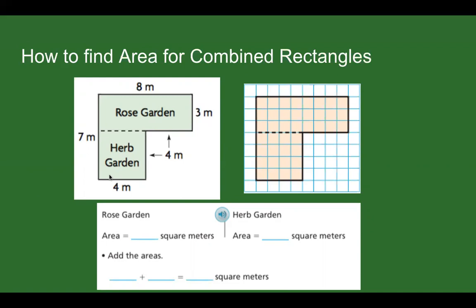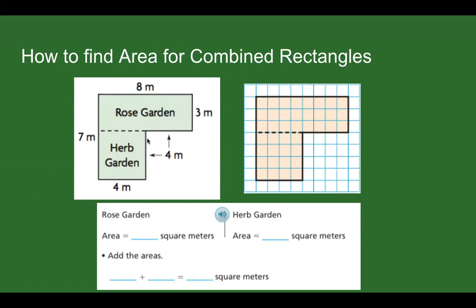What if I want to find the total amount of area that my garden is taking up? How much space is really in this whole figure? To do that, we can find the area of just the rose garden, find the area of just the herb garden, and then add them together.